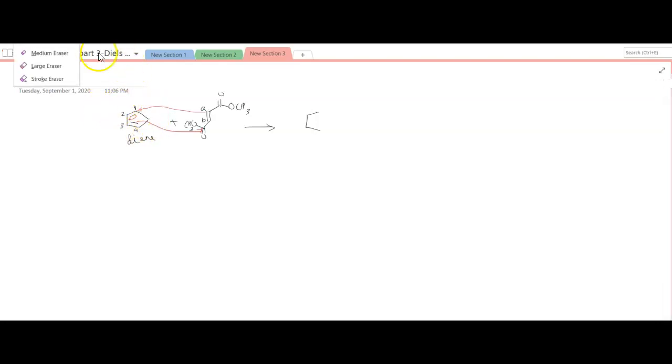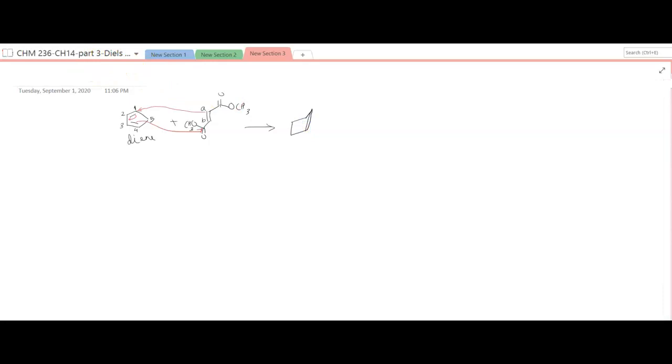The way to draw this would be like this. You can call this number 5 maybe, right? So your number 5 carbon atom is actually over here on the top.